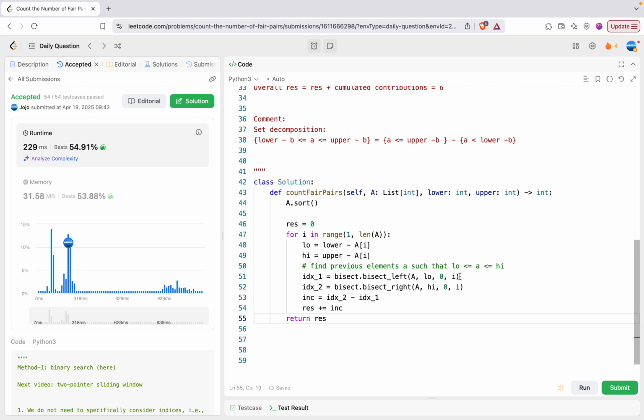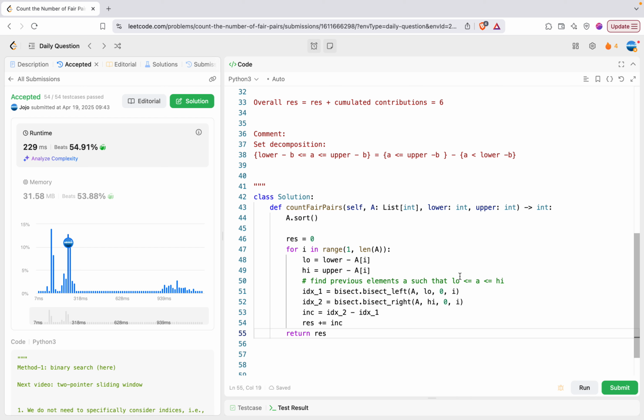So here, let me first add some prints, right?